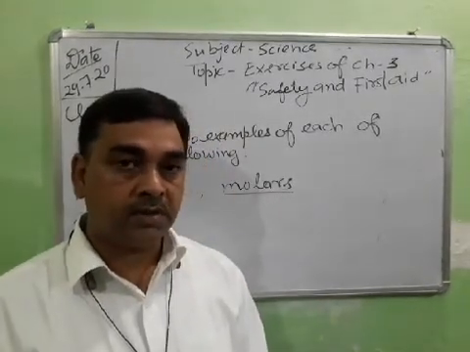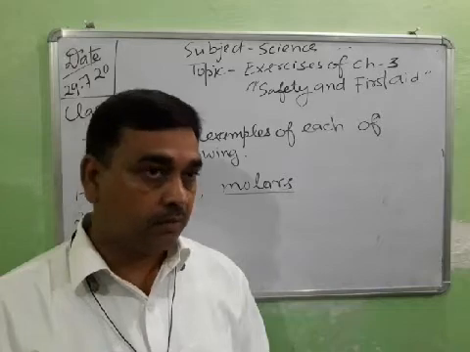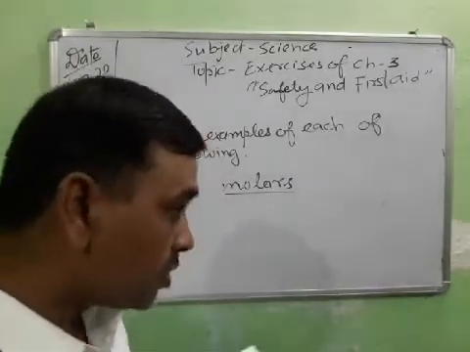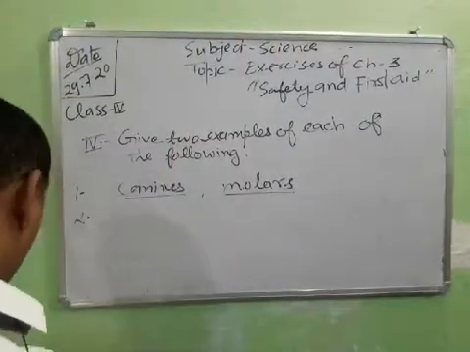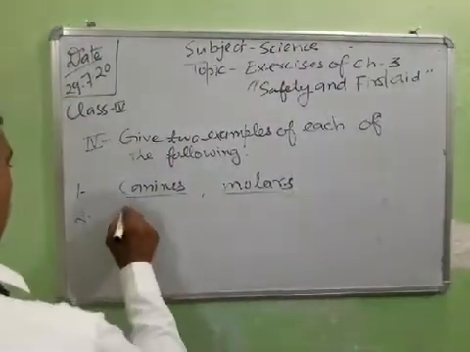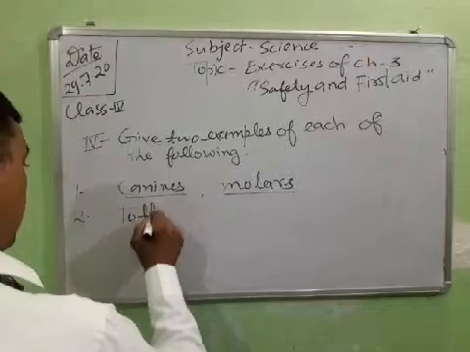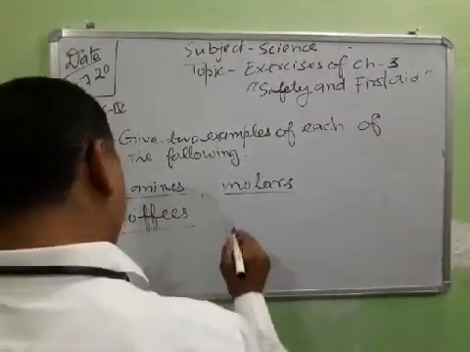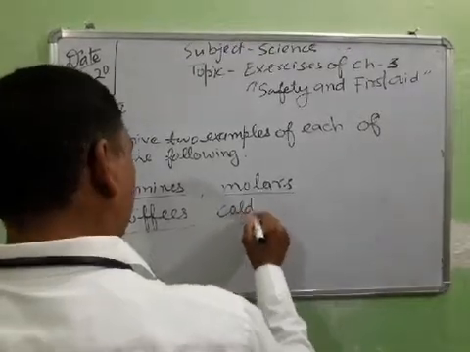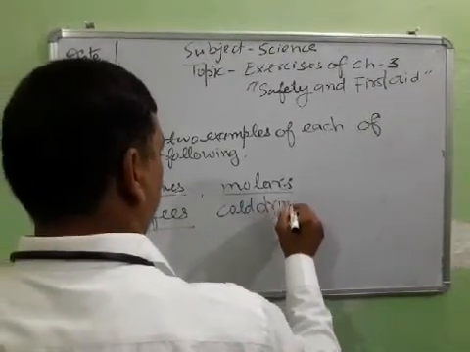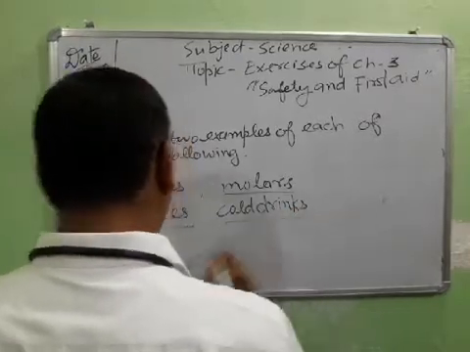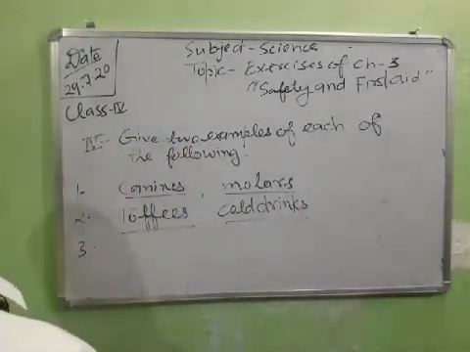So write down the substances which are harmful to the teeth for tooth decay. Write any 2. I will write toffees and cold drinks. Any types of cold drink are very harmful.